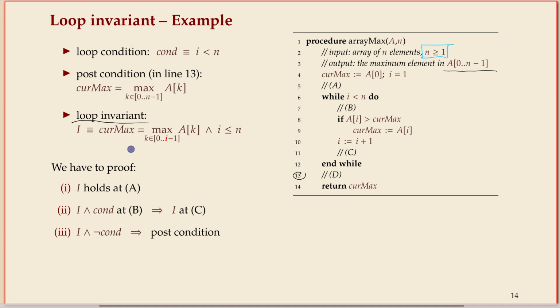The loop invariant is often something you don't find in the first round, but you have to refine, and that's the part I've already done for you. There are these two bits. The first one talks about current max, as you would expect, and the second one talks about this i. And we'll see where this gets used.